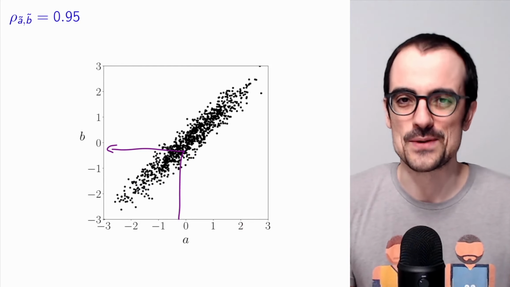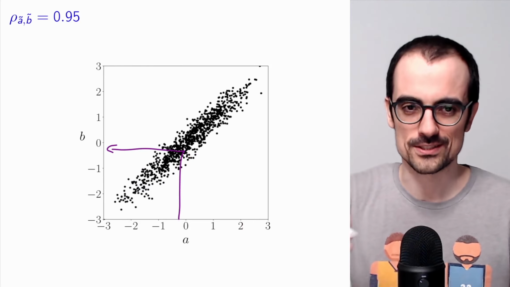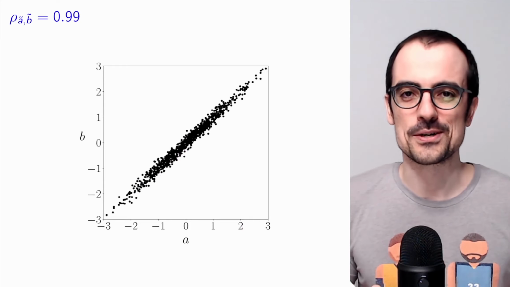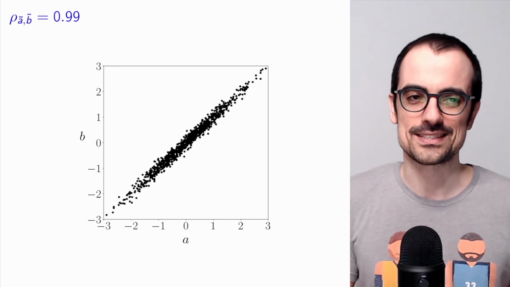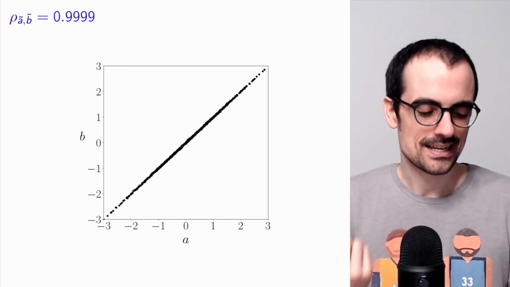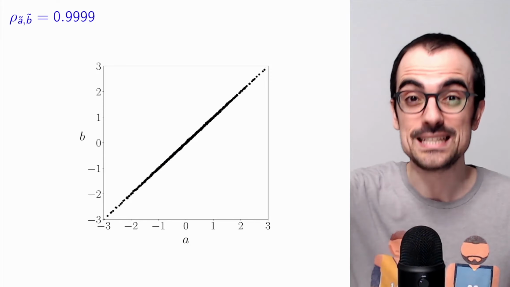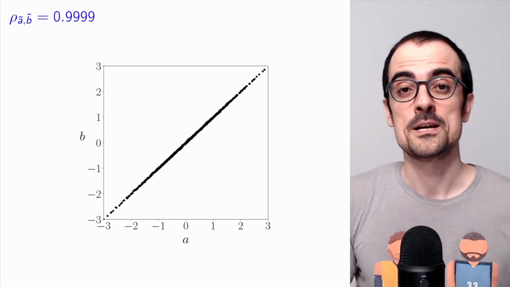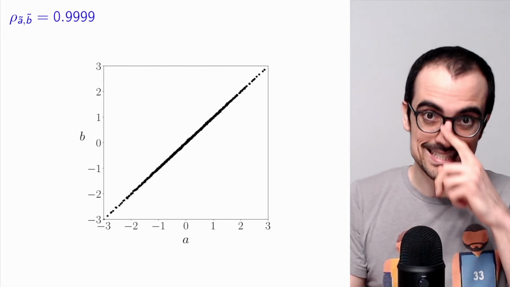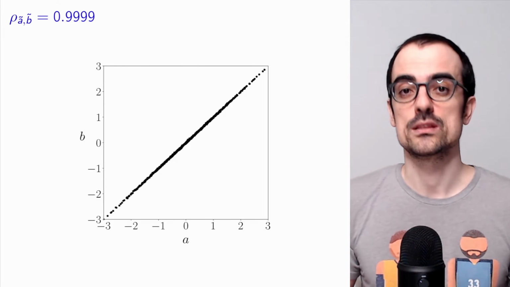So what happens when we push up the correlation coefficient and look at other samples? If the correlation coefficient is equal to 0.99, the samples get closer to the line. 0.999, closer to the line. Eventually, they tend to be almost completely on the line. So that's what we mean by saying that if the correlation coefficient is 1 or -1, then there's exact linear dependence between the two random variables.